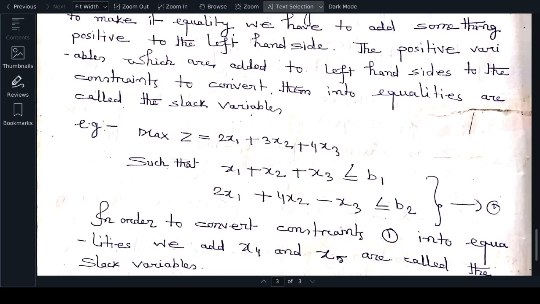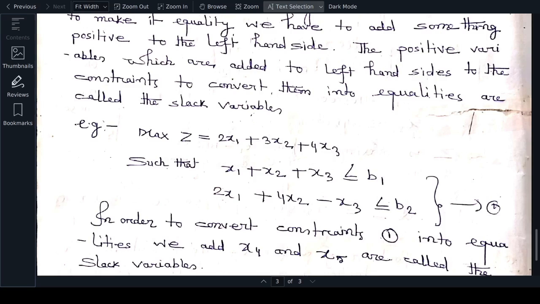To make it positive. Yes, good. So how to make it positive? By multiplying both sides by minus 1. Good. Our aim is to check that all bi should be positive. So by multiplying both sides by minus 1, all positive signs become negative.